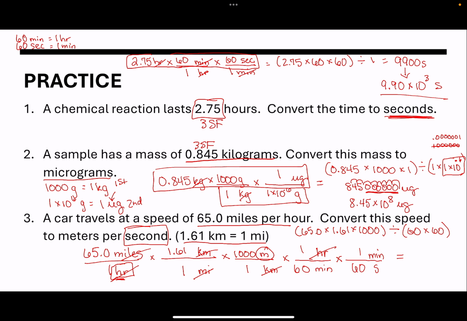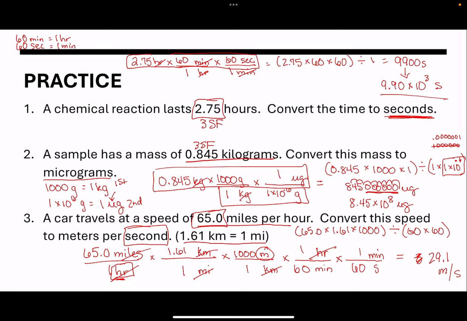When you do that, you should end up with the nice number, once we account for 3 sig figs, 30, oh, not 30, sorry, 29.1 meters per second.